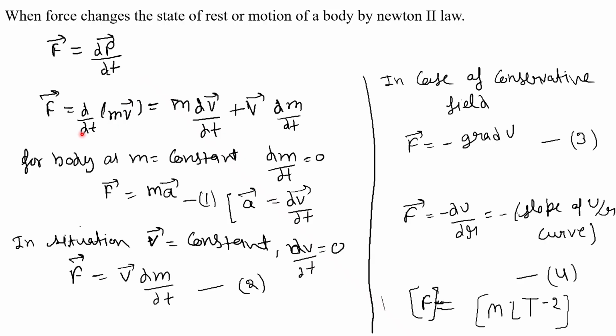F vector is equal to d(mv vector) over dt. Now for a body of mass m equal to constant, dm by dt is equal to 0. So the formula is F vector is equal to m a vector.